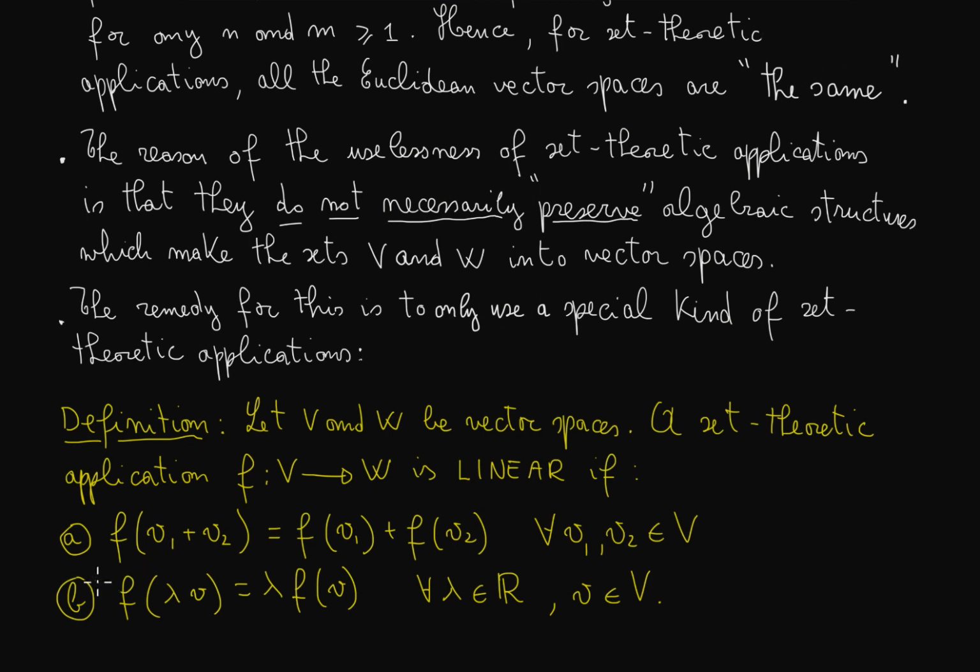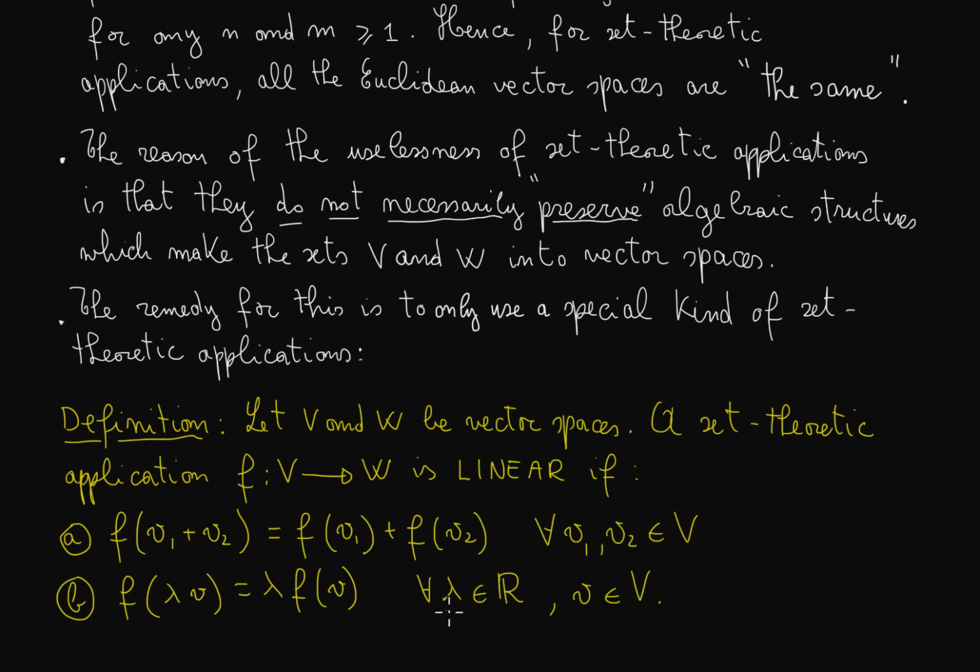Likewise, property b gives a linearity of f with respect to the multiplication by scalar. Notice that we cannot really mimic the definition from before, that would be f applied to lambda v equals lambda f of v, because f does not act on lambda.